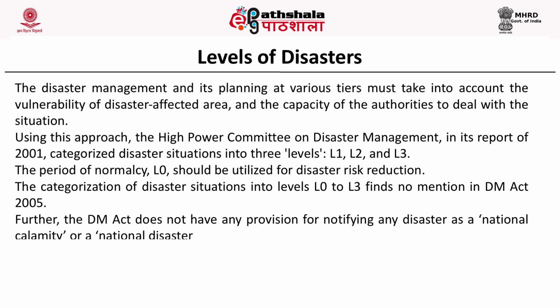However, the categorization of the disaster situations into these levels from 0 to 3 does not find any mention in the Disaster Management Act of 2005. It also does not have any provision for notifying any disaster as a national calamity or a national disaster.